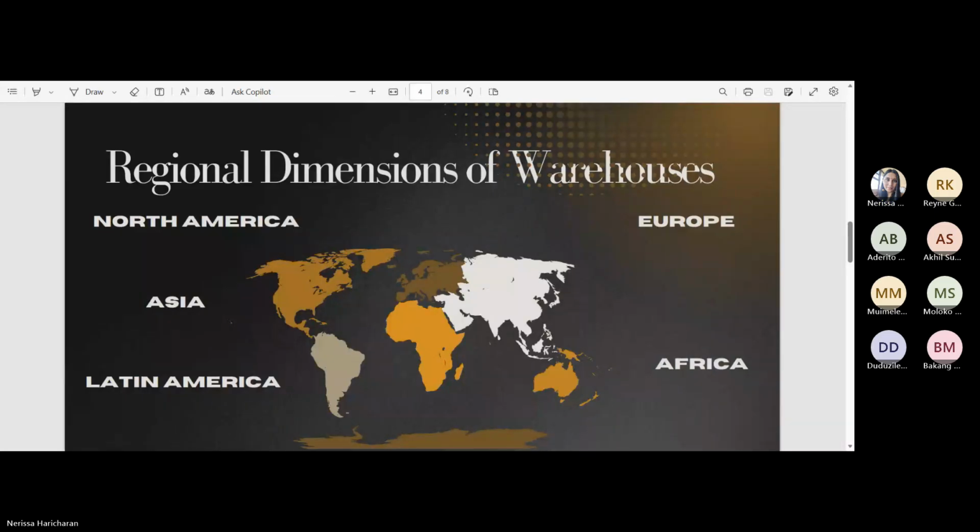In Asia, it is quite diverse in terms of the size or the functionality because of the region being so highly populated and also quite vast in terms of geography. So in countries like China and India, the land is a lot more abundant, meaning that the warehouses tend to be a little bit larger in scale. They're able to accommodate a much bigger growing demand for manufacturing or production, with different distribution centers that would accompany that.